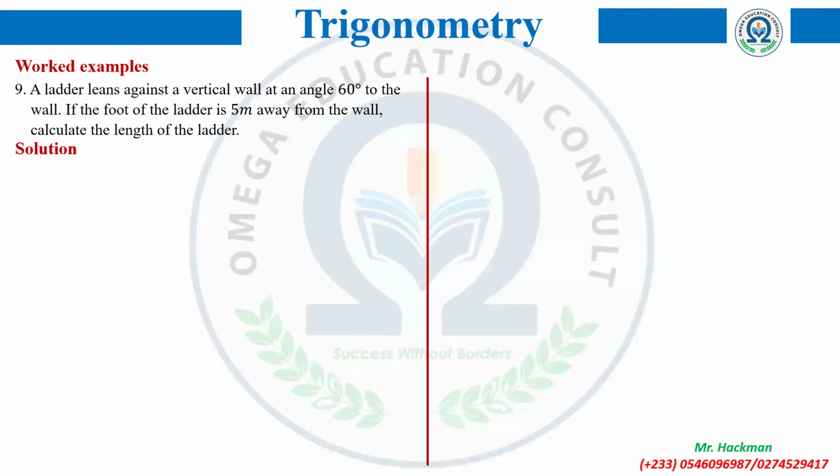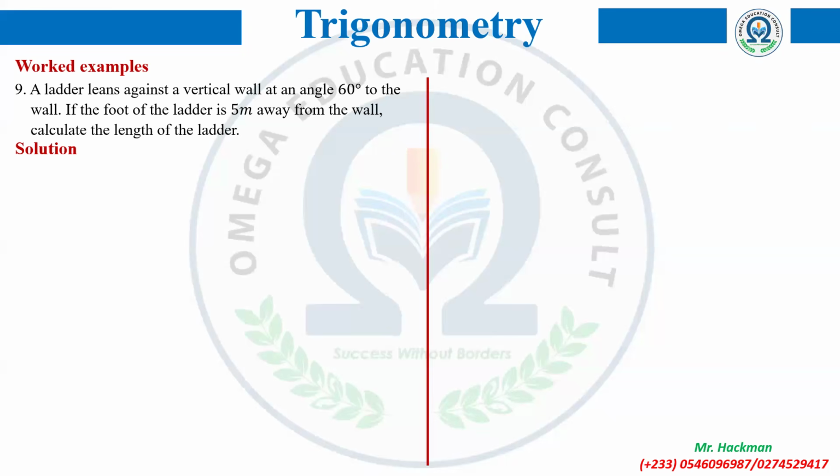So we have a vertical wall and a ladder leaning. Usually if you have a wall and a ladder is leaning against it, then you know that the ladder will be diagonal to the wall. I hope my point is well made. Yes, please. Once your ladder is diagonal to the wall, the ladder will meet the wall, and it will make a certain angle with the wall.